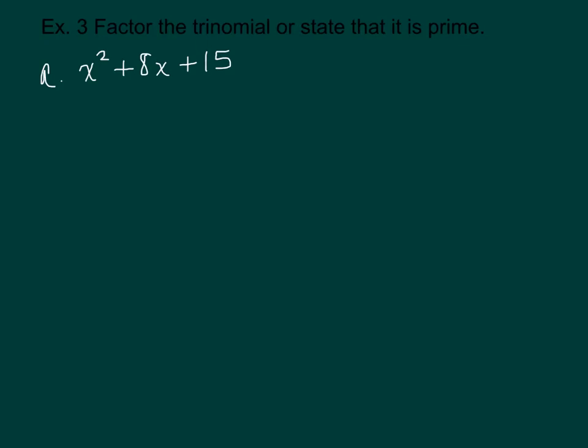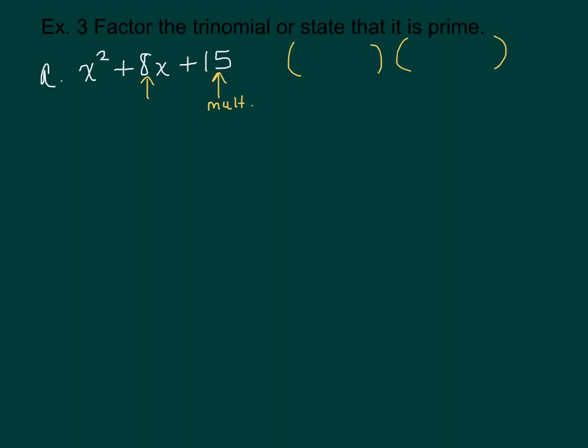So remember, you're going to find two factors. When I mean factor, I mean like this. Two factors that multiply to give you 15, but add to give you 8.